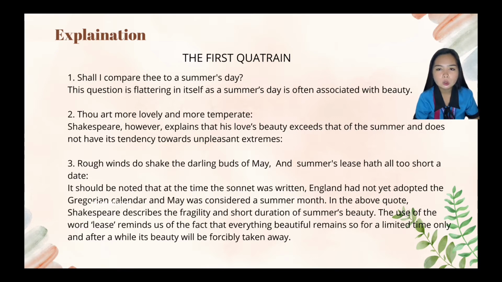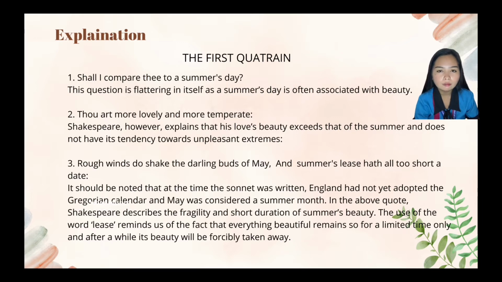"Rough winds do shake the darling buds of May, and summer's lease hath all too short a date." It should be noted that at the time the sonnet was written, England had not yet adopted the Gregorian calendar, and May was considered a summer month.